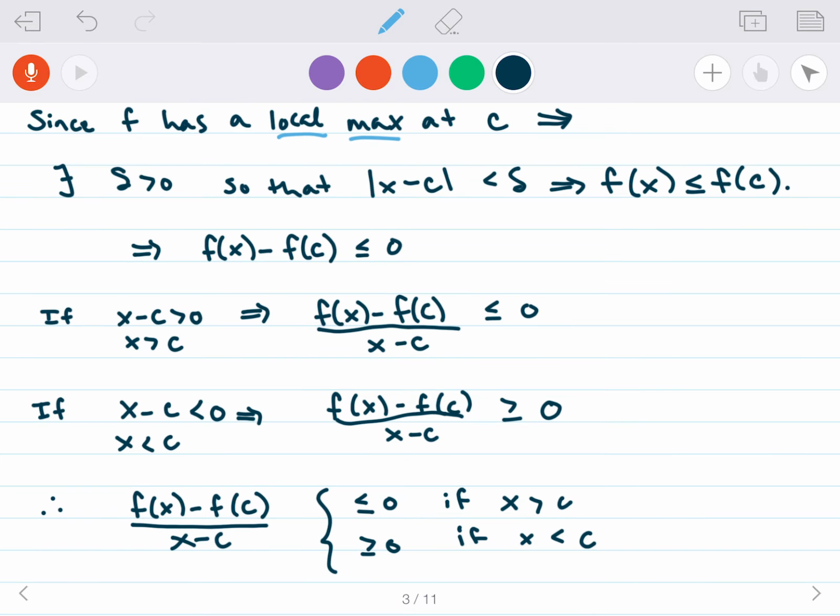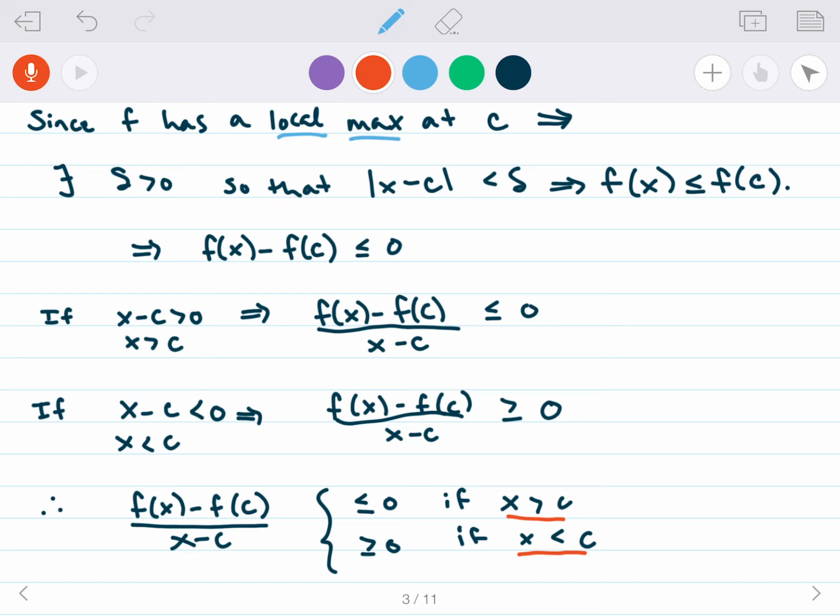Okay, so the idea here is we're trying to take the limit of this thing as x approaches c. But we have two cases to worry about, and that is when x is bigger than c or x is smaller than c. So we want to look in our neighborhood to the right and to the left of c, and we want to produce some sequences converging to c, which we can because we're working with an open interval.